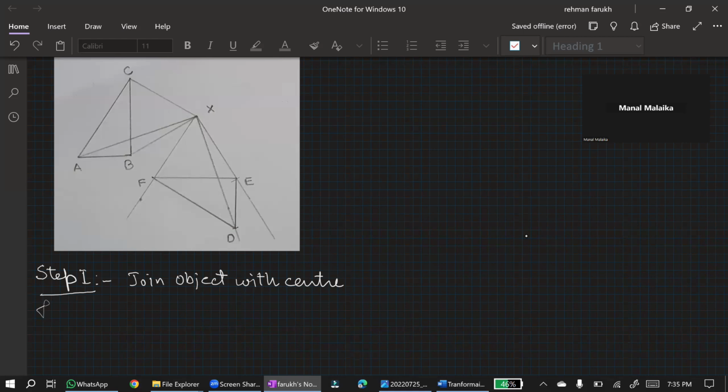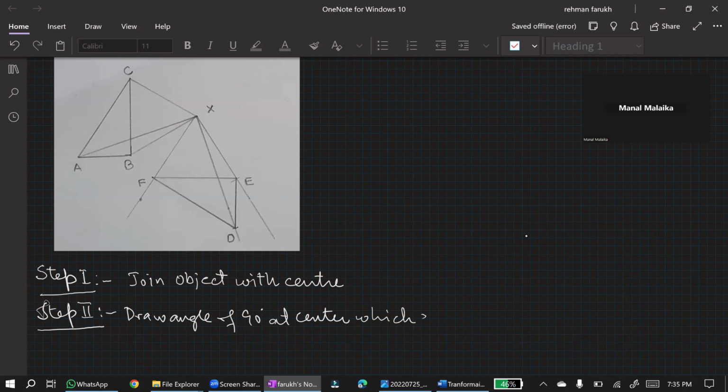The second step is draw an angle of 90 degrees at the center, which gives anti-clockwise rotation.